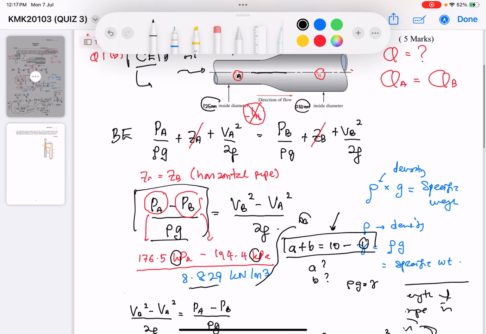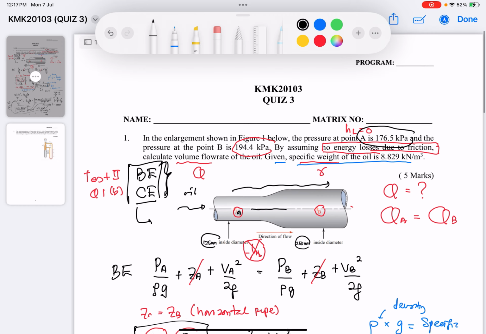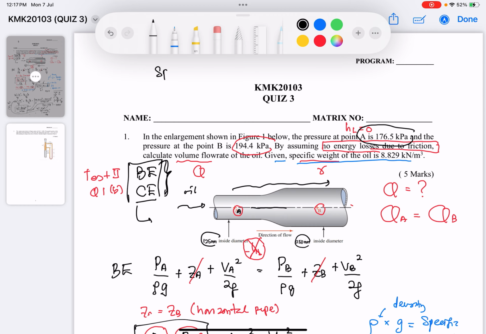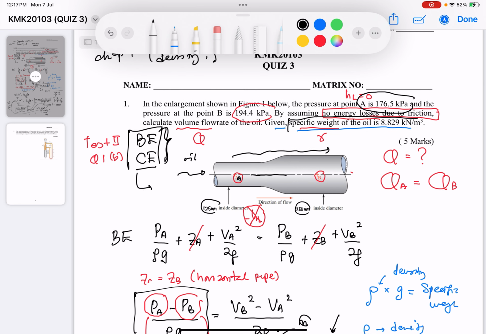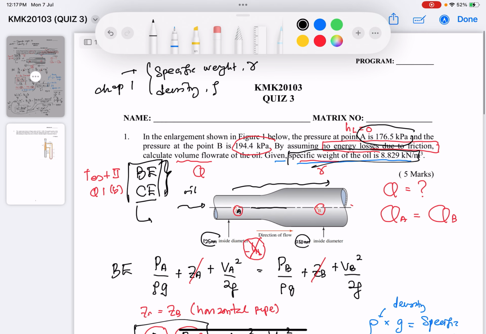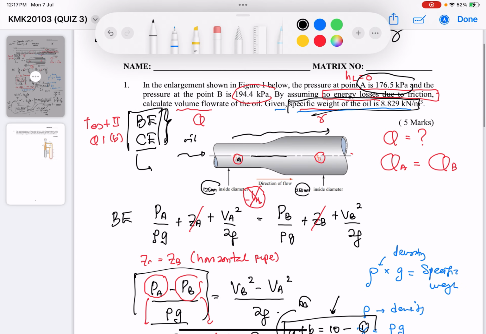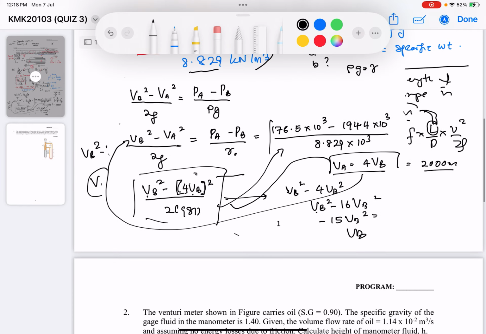And of course, some of you are confusing specific weight, which is gamma, with density. You cannot make a mistake here, because this is so basic, and it is covered in our chapter number 1. For example, here they say the specific weight of the oil, obviously referring to gamma, and gamma equals rho multiplied by G.